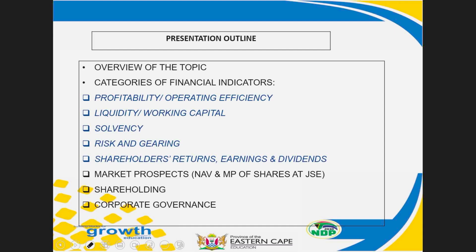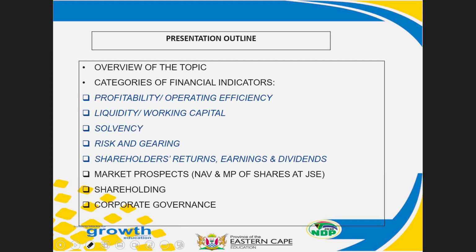I will explain the categories of financial indicators, namely profitability or operating efficiency, liquidity, which is also known as the working capital, solvency, risk and gearing, shareholders' returns, earnings and dividends, market prospects.